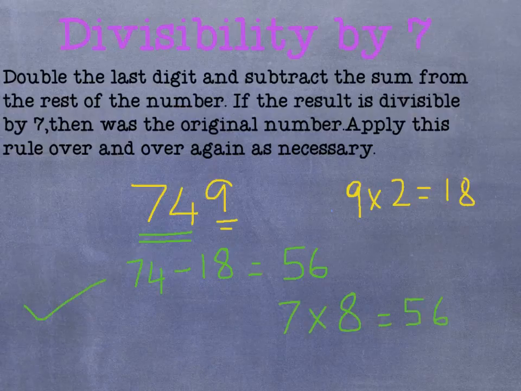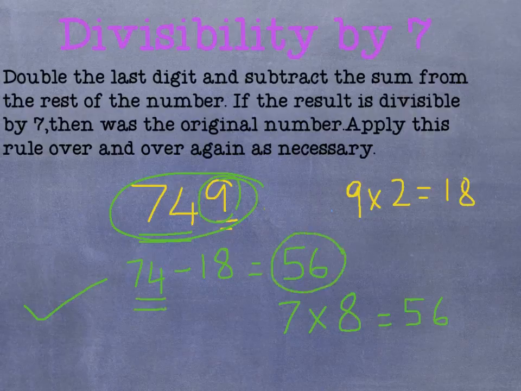Now therefore 749 is definitely divisible by 7. It's quite simple. Just double the last digit and subtract it from the remaining number and check if the answer is a multiple or is it divisible by 7.